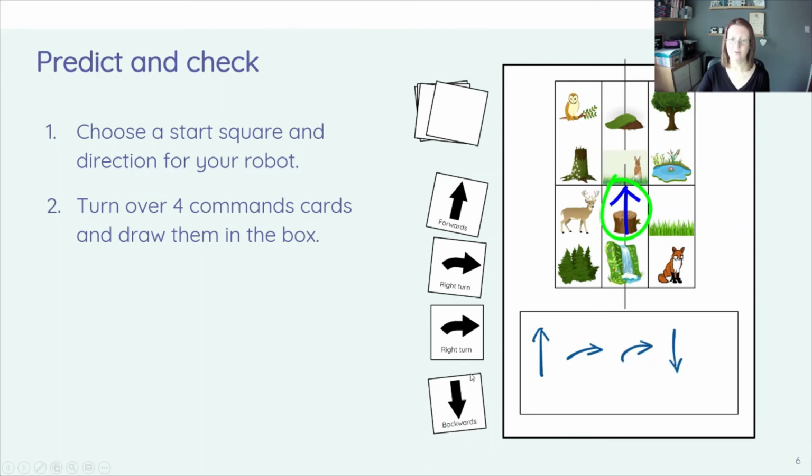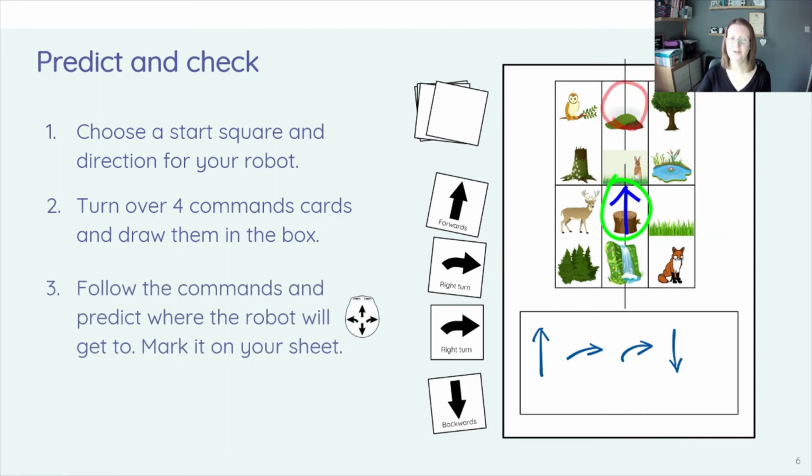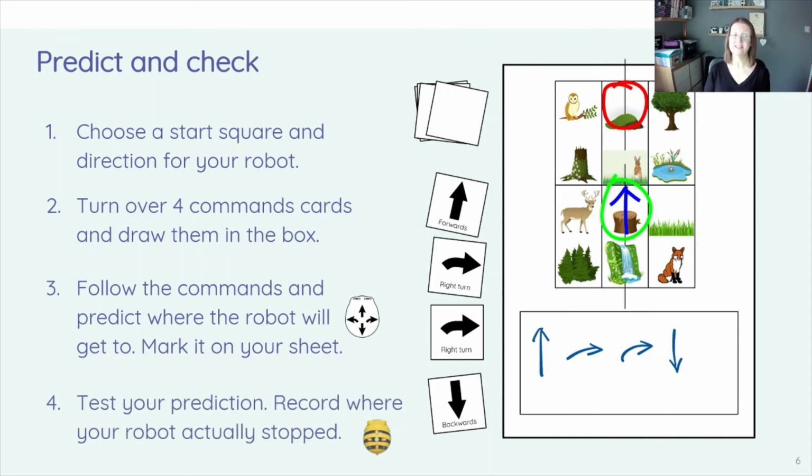Here we've got 4 that have been turned over, we've drawn them in the box underneath. And then you're going to follow the commands and predict where the robot will get to. You're going to mark that on the sheet where you think the robot will finish. And then you're going to test your prediction and record where your robot actually stopped.